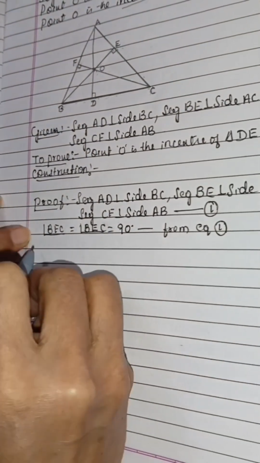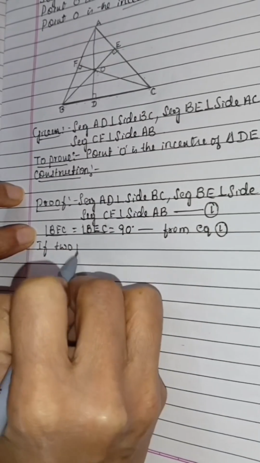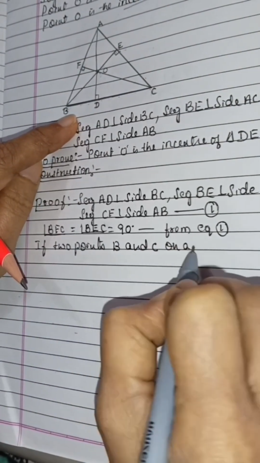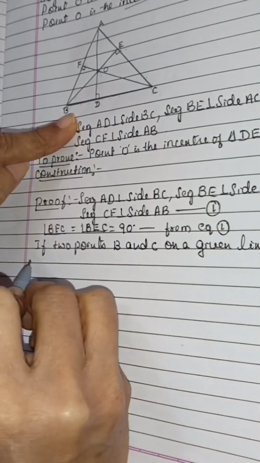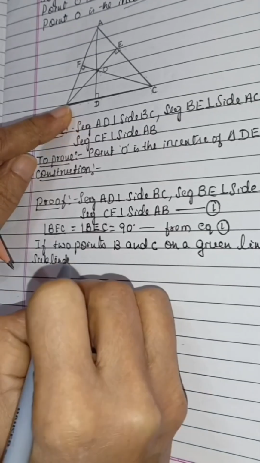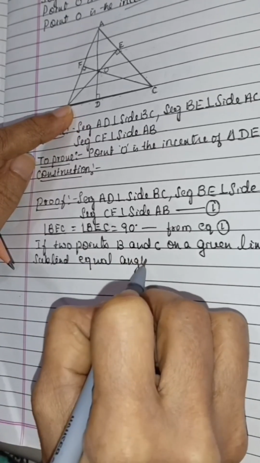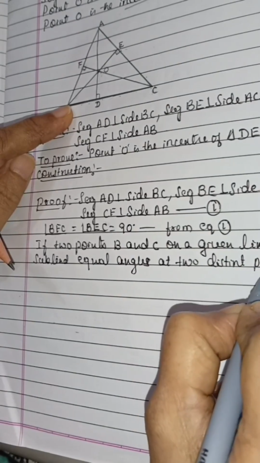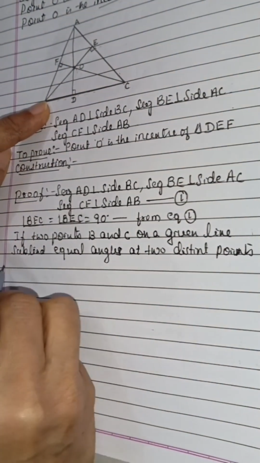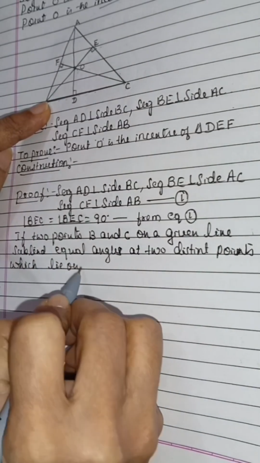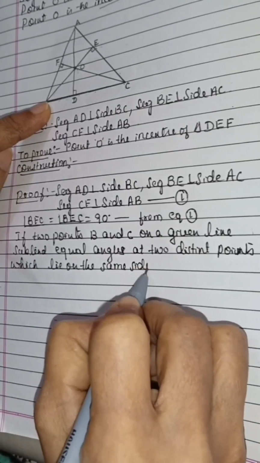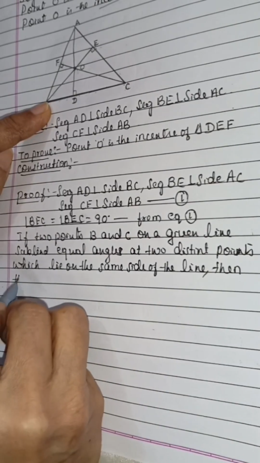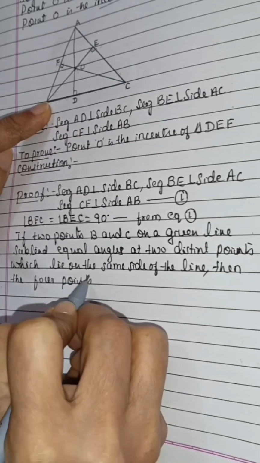Okay, so we'll write the statement: if 2 points, here B and C, on a given line subtend equal angles at 2 distinct points which lie on the same side of the line, then the 4 points are concyclic.